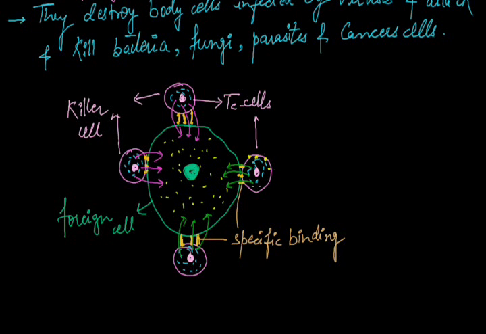These present on the cell are the antigen receptors by which the foreign cell gets attached. These are present on the surface of the killer cells or TC cell.